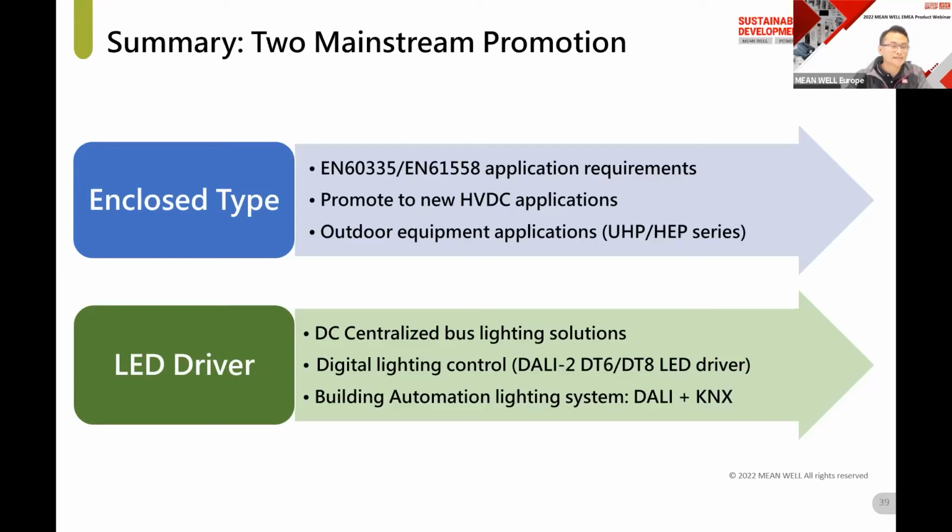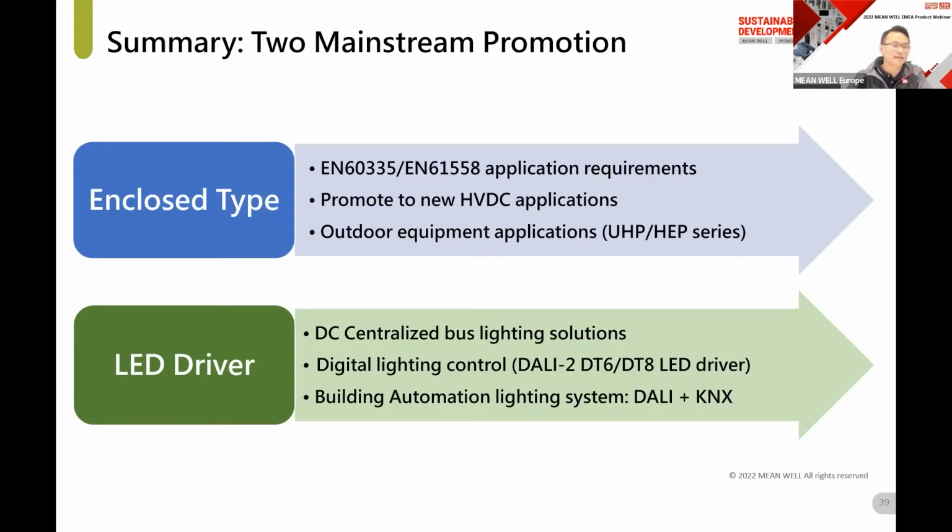Furthermore, a new XLG DALI 2 model will be launched next year. LCM40 TW is a dual output channel model that can fulfill DT8 tunable-white demand. Regarding building automation, DLC02KN is the gateway to bridge DALI and KNX products.